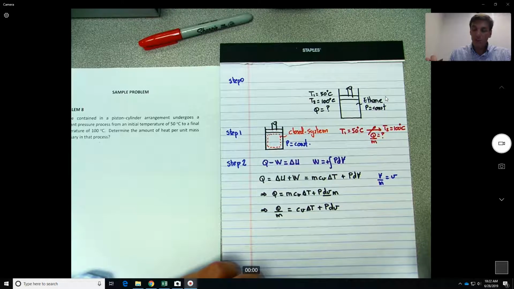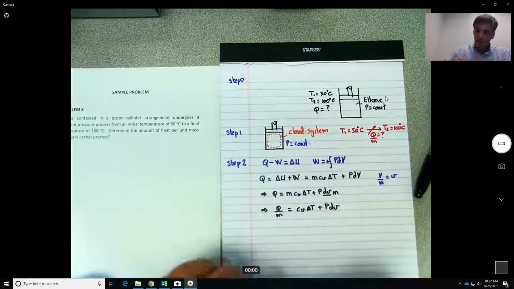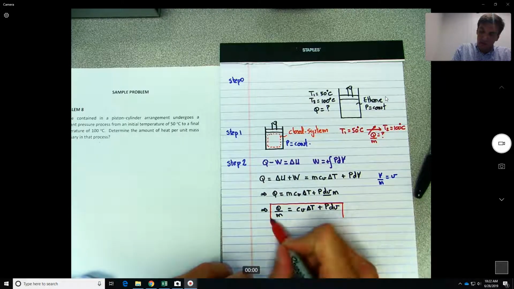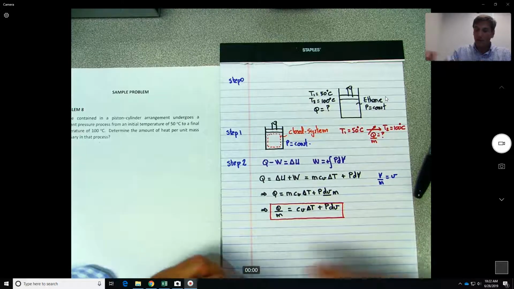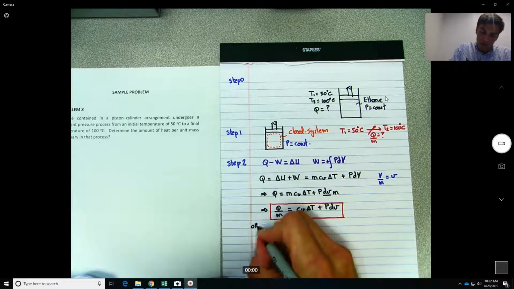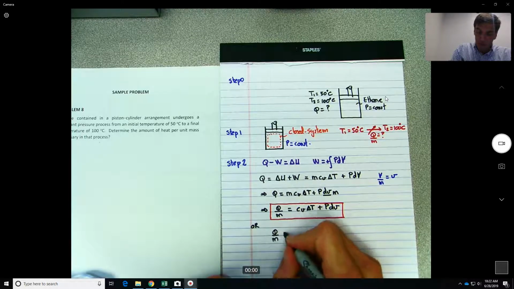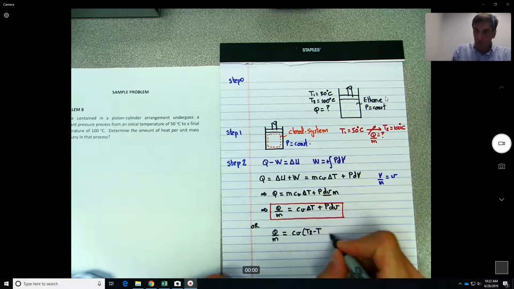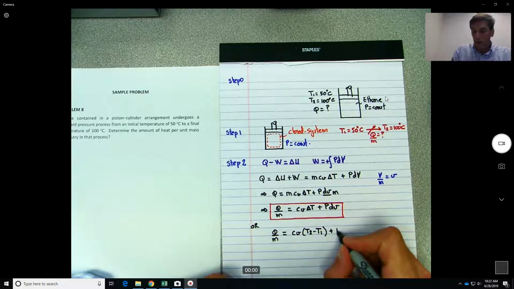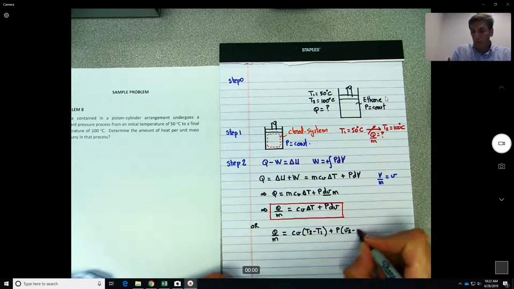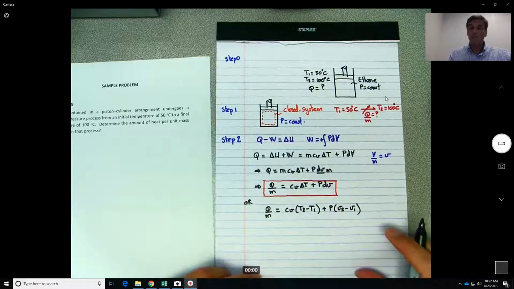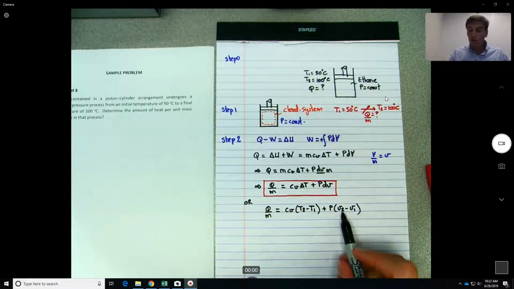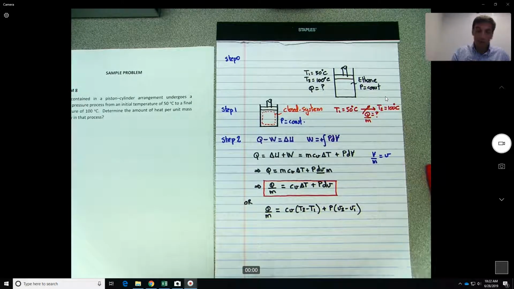Okay, so this will be the main equation, and now if we put the data, we have Q over m will be equal to Cv (T2 minus T1) plus P (V2 minus V1). Okay, so over here we don't know V2 or V1, so we need some additional equation.